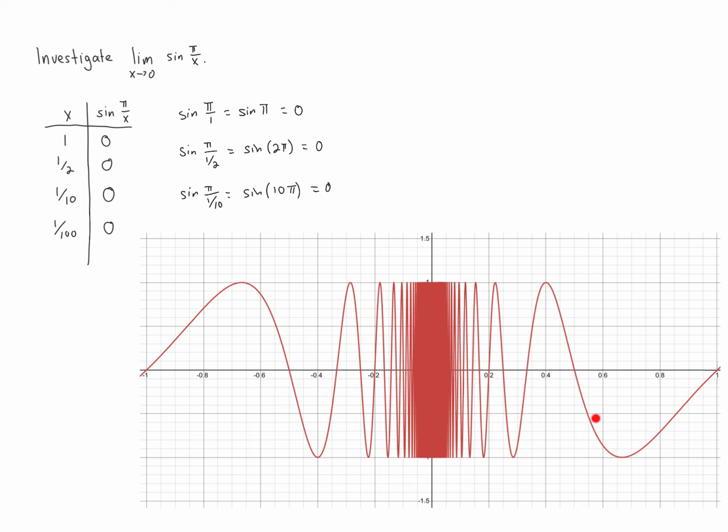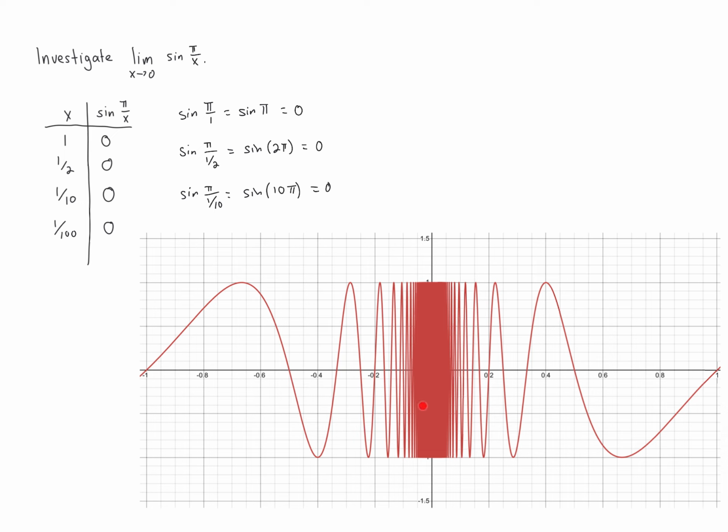It looks like the sine function, as in it is oscillating between -1 and +1. But as we move closer to 0, that x in the denominator causes us to oscillate more and more frequently.